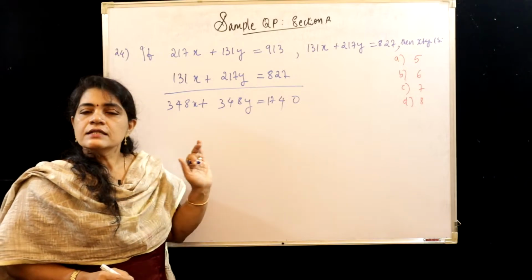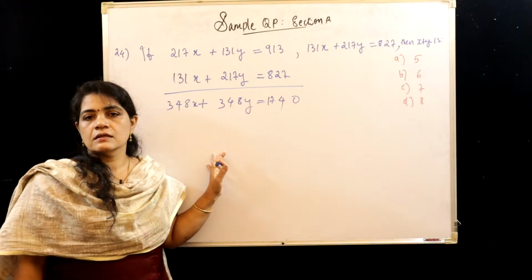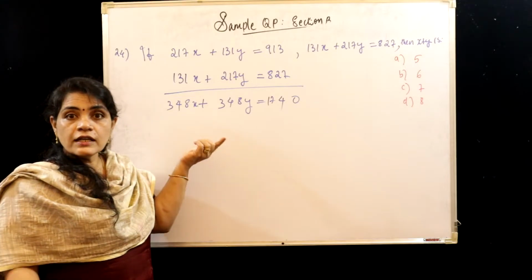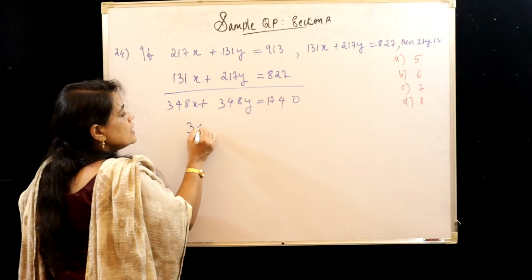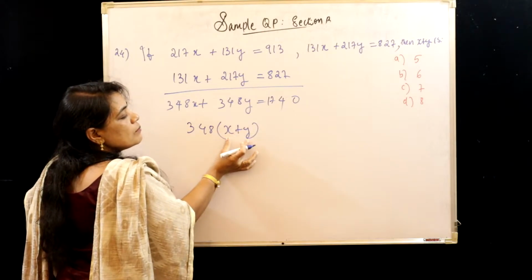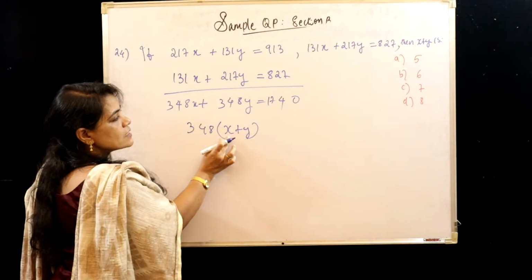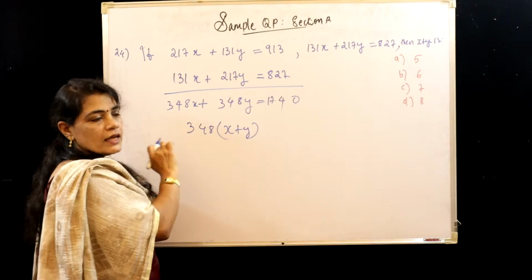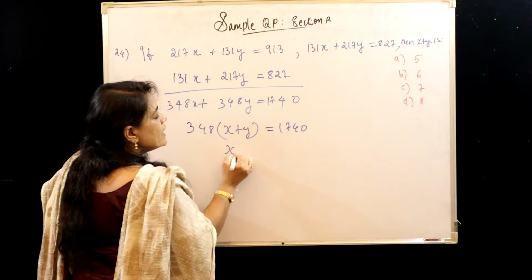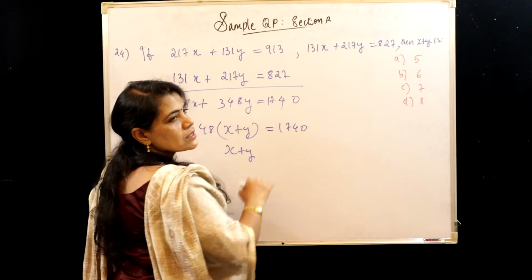1740. See children, in such cases, from the LHS 348 can be taken outside. You will have 348 times x plus y in the bracket, x and from the second term y. This is equal to 1740. We need x plus y, right?